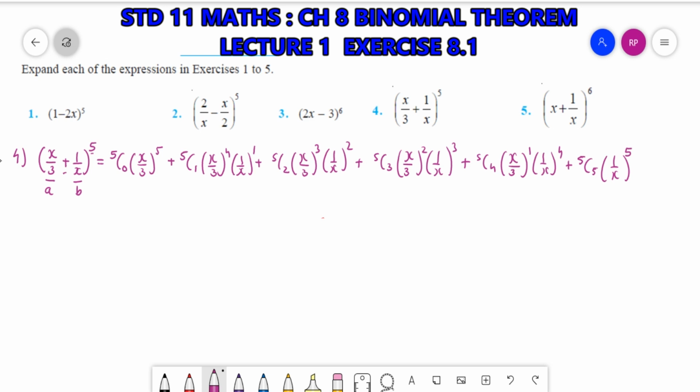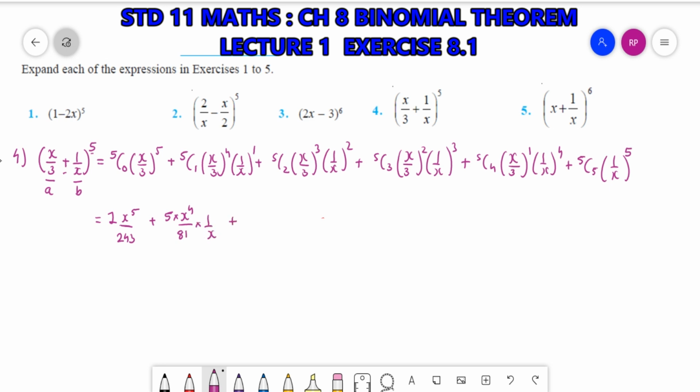Okay. Now, 5C0, we know that's 1, x raised to 5 upon 3 raised to 5, that is 243. We just calculated the last sum. Plus 5C1, that is 5, x raised to 4, 3 raised to 4, that is 81, into 1 by x.